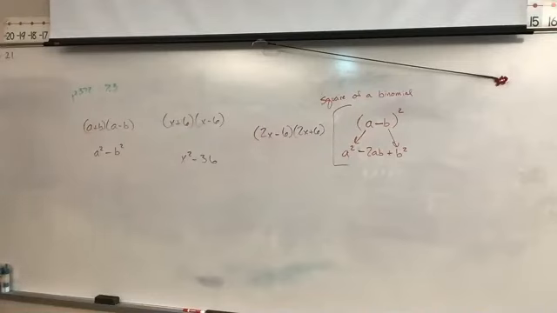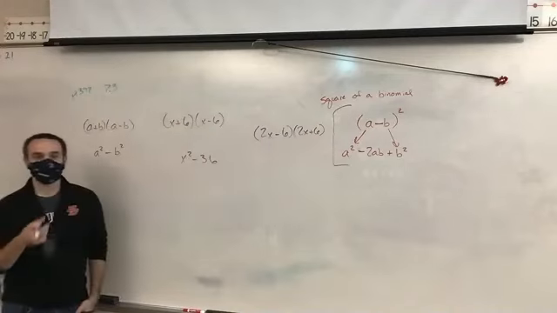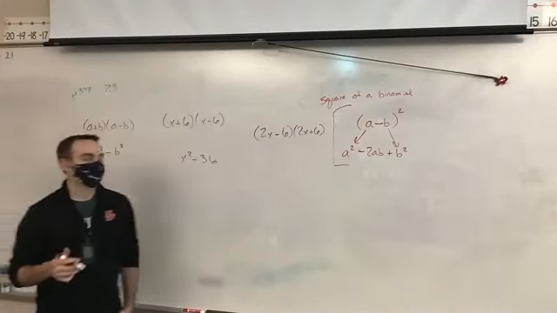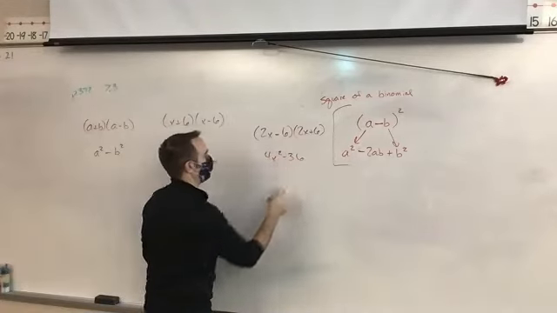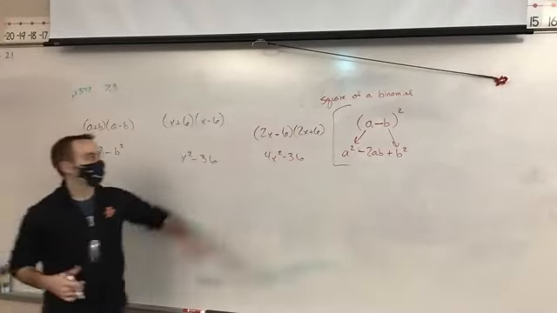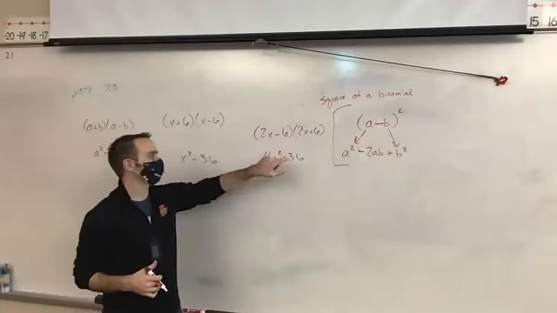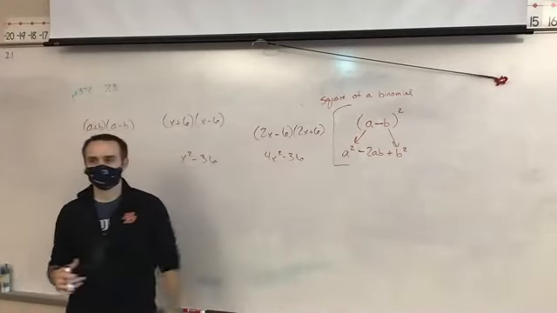It should be pretty quick. Raise your hand if you got the answer. Casey, what's our answer going to be? 4x to the second minus... There you go. 4x squared minus 36. 2x squared is 4x squared. 6 squared is 36. Subtract.